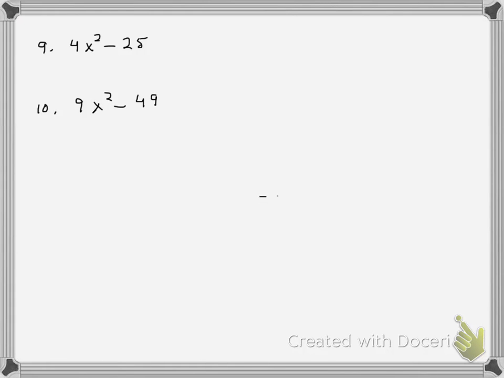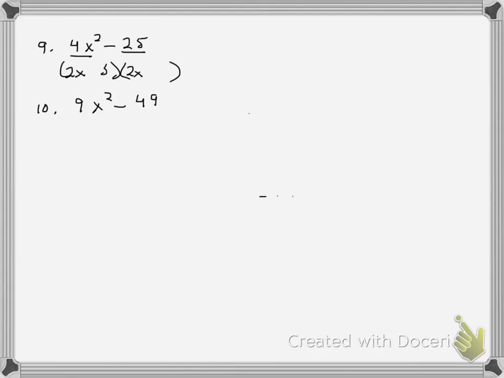New idea. Recall that this is something squared and this is something squared, but I don't have a middle term. So if I don't have a middle term, the middle terms had to cancel each other by having one be an addition and one being a subtraction. So the square root of that would be 2x.